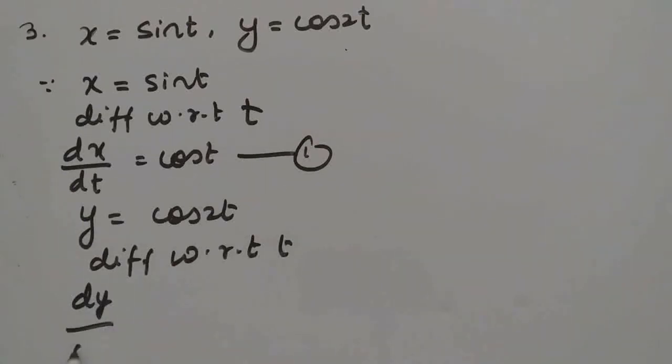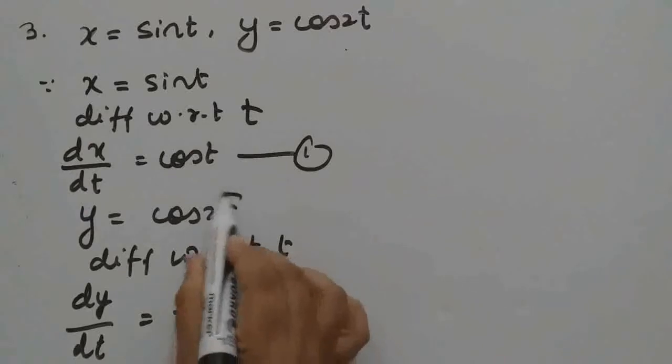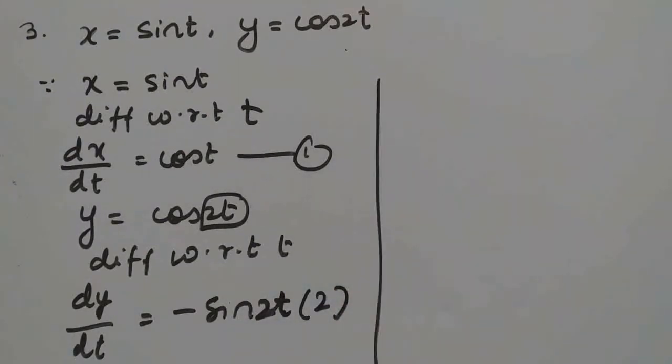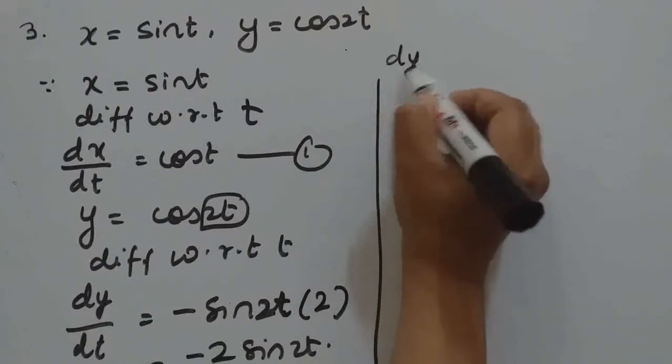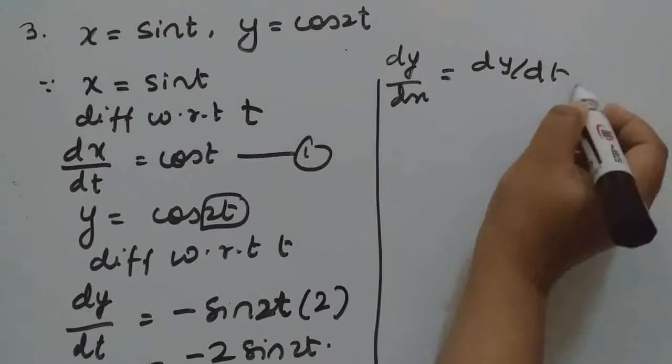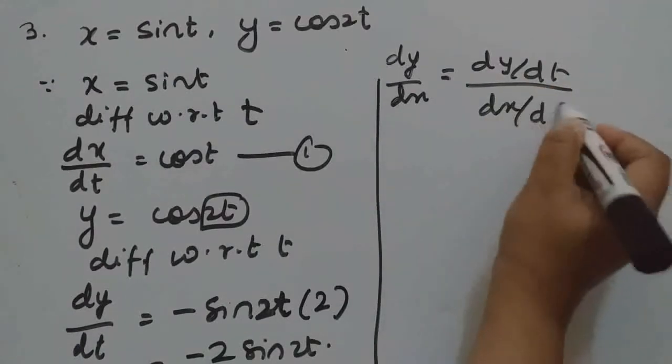Dy by dt. Cos 2t means minus sin 2t, and this is a composite function, isn't it? Cos t is standard. So what we will do here, the derivative of 2t means 2. So finally we can write minus 2 sin 2t. So dy by dx will be dy by dt divided by dx by dt.